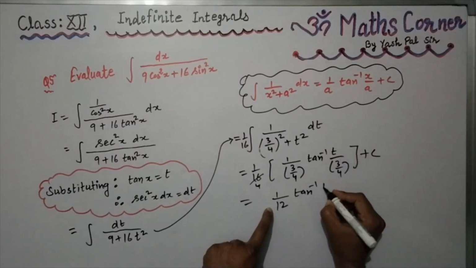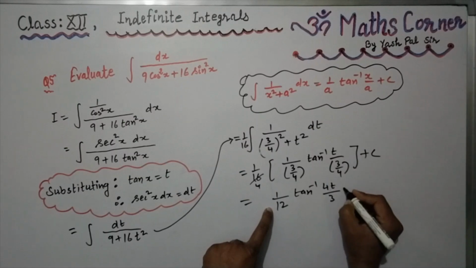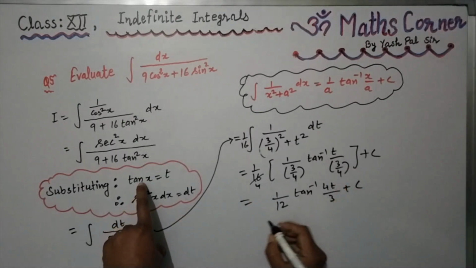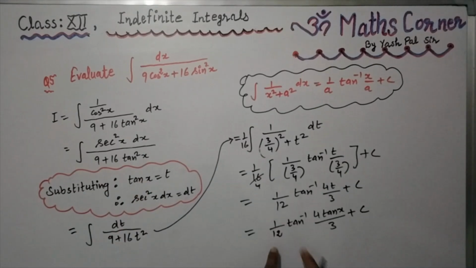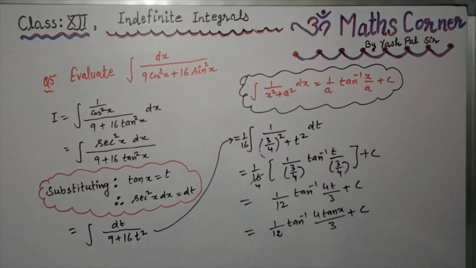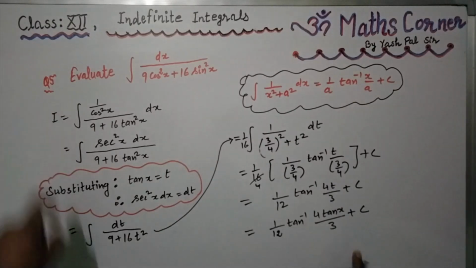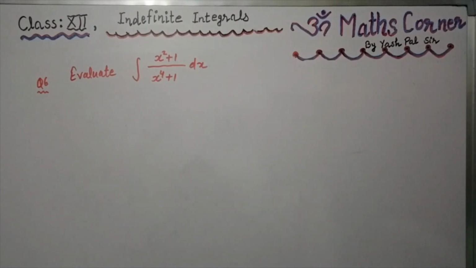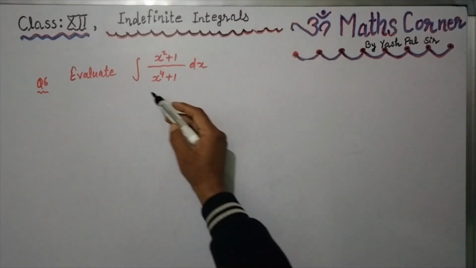So this becomes 1 upon 4 into 3, 12, tangent inverse 4t upon 3 plus c. What is the value of t? This is tangent x. So 1 upon 12 tangent inverse of 4 tangent x upon 3 plus c.